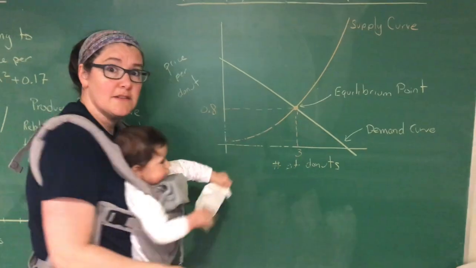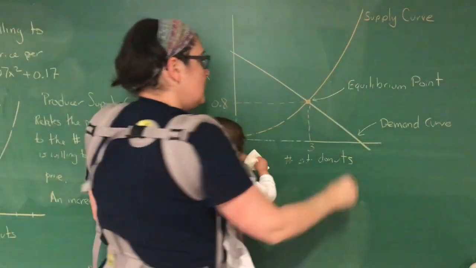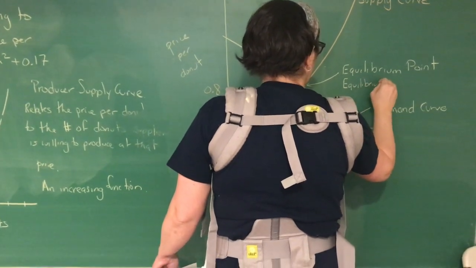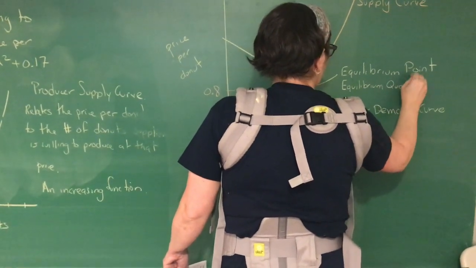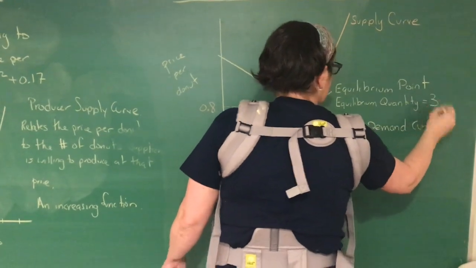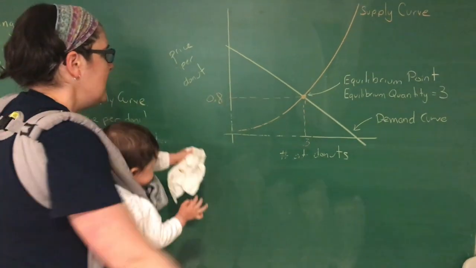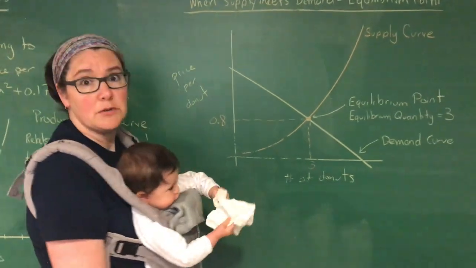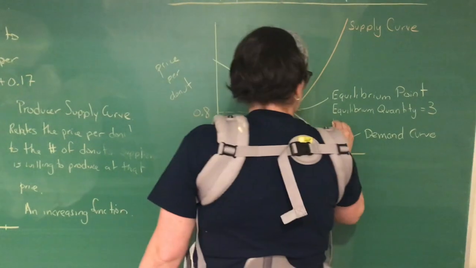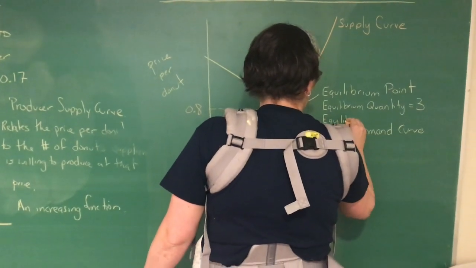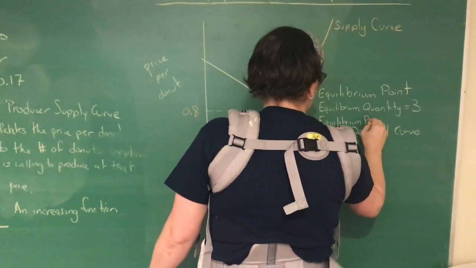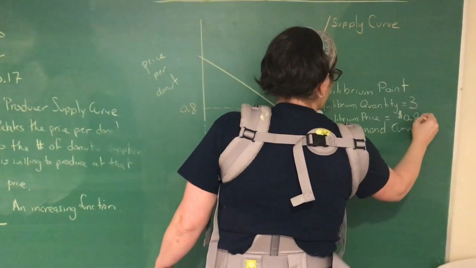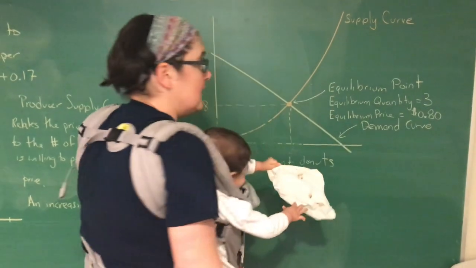This 3 is the number of donuts, and so our equilibrium quantity is 3 donuts. And this 0.8, that's our price per donut, and so that's our equilibrium price. So our equilibrium price is $0.8, or you could say that as 80 cents.